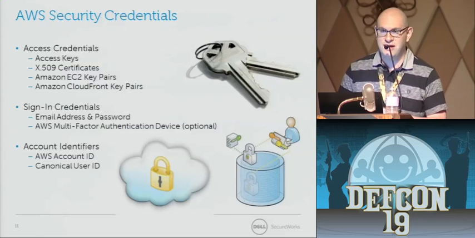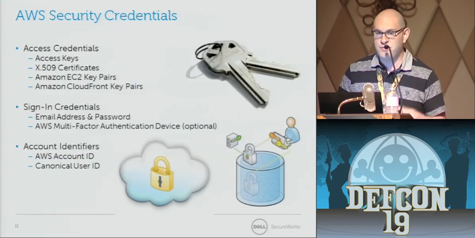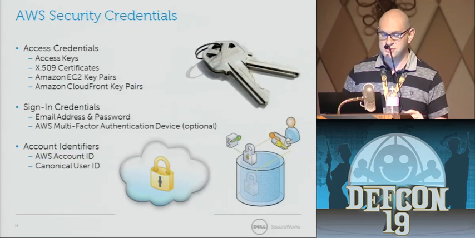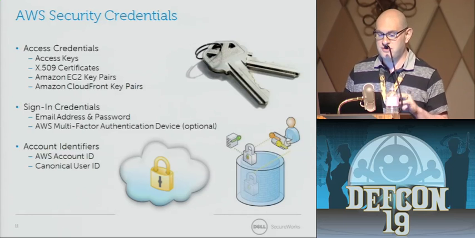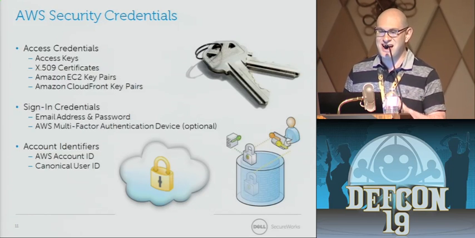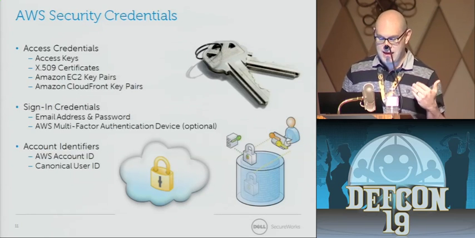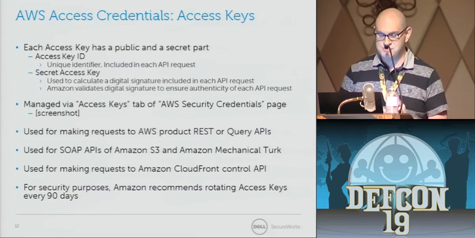So when we first set out to do this project, we wanted to understand all the different kinds of credentials out there and what the different uses of those credentials are, and then which ones control which other credentials. So there's really three broad categories of credentials for Amazon Web Services. There's access credentials, there's sign-in credentials, and then there's a set of different account identifiers that you have to use. In terms of access credentials, you've got access keys. An access key is merely a long, unique string of digits.